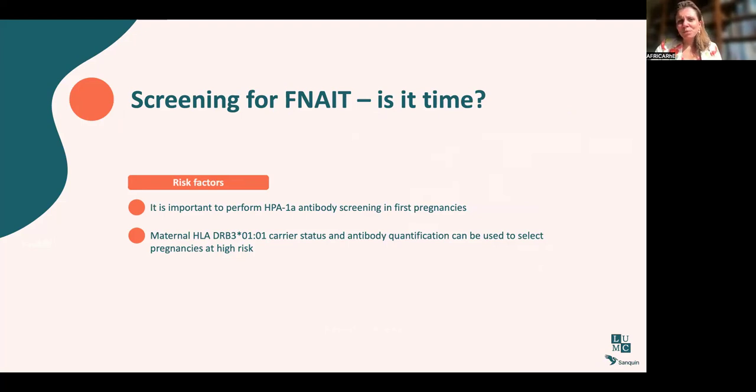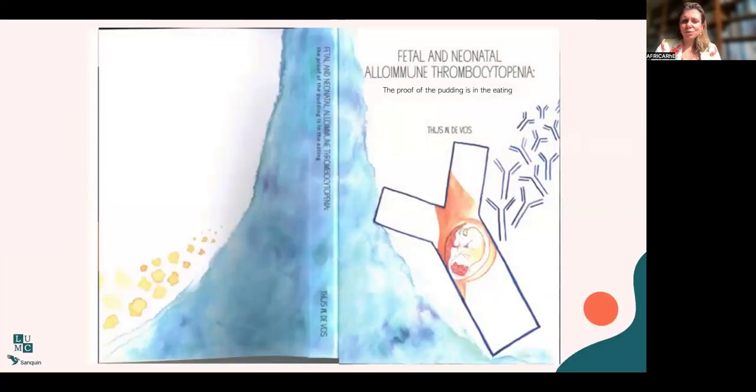But do we believe it's time to screen? We learned in the last years a lot about FNAIT, but also about risk factors and how to define this higher risk. So if we come back to the screening principles and the principles of Wilson and Jungner, we believe it might be time.